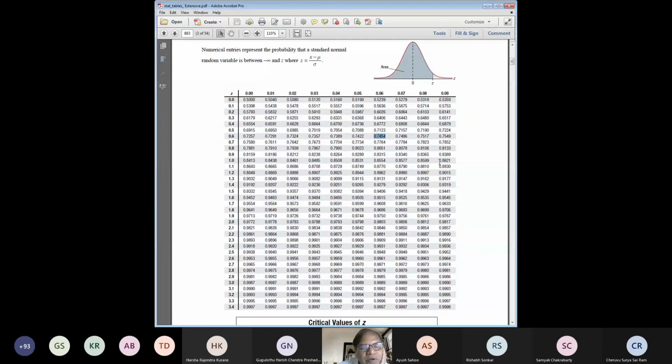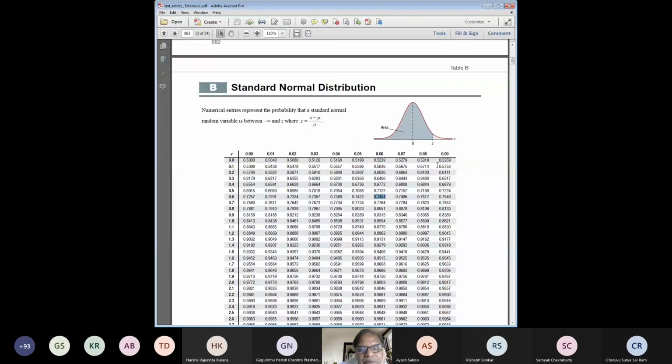So what you have to do is look for a point below which area is 0.75. So we have to search in the body of the table, not in the first row and first column. Looking here, 0.77 is there, 0.76, 0.735, 0.73, 0.74, 0.75. The nearest value is 0.7517, because ultimately you are using the table, and any one value you can use, since this is also approximately 0.75.